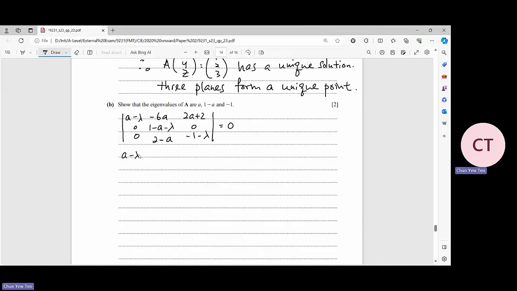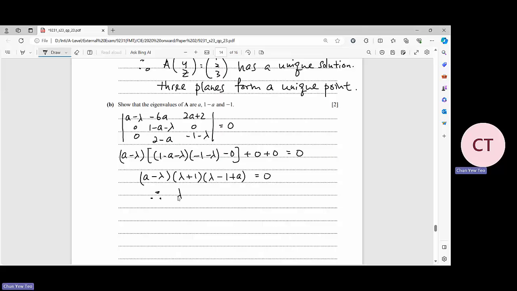So we do it again. Basically, it's the same as just now. The rest of them will be 0 as well. Okay, so at the end, you will get A minus lambda, lambda minus 1, lambda plus 1, and lambda minus 1 plus A. Okay.